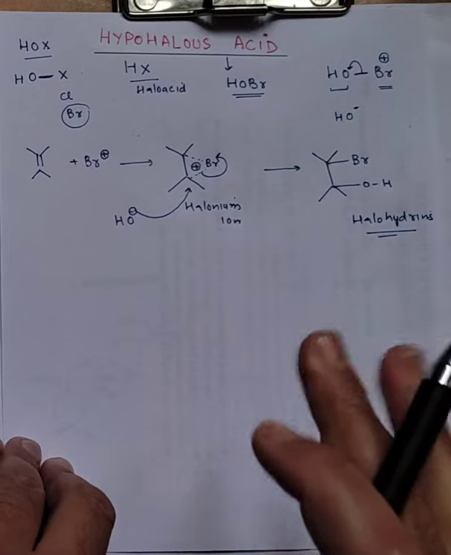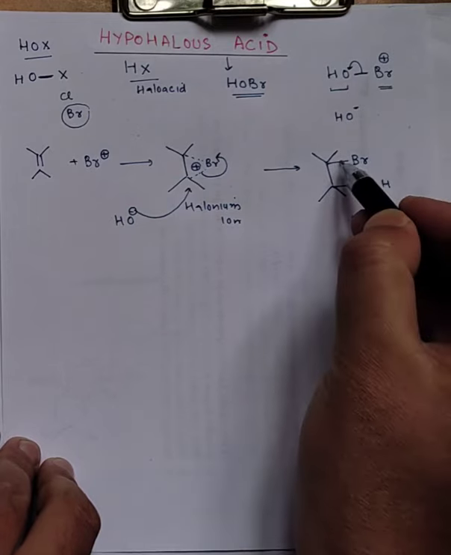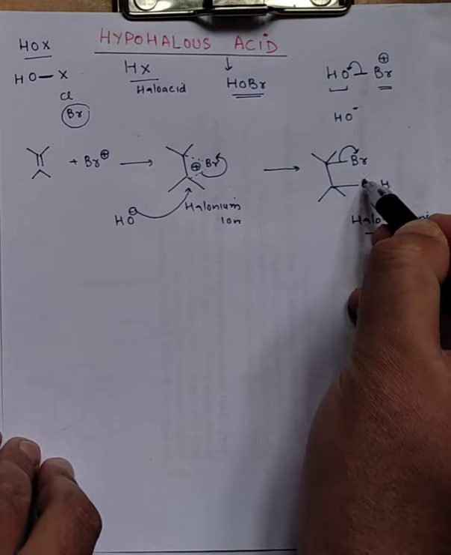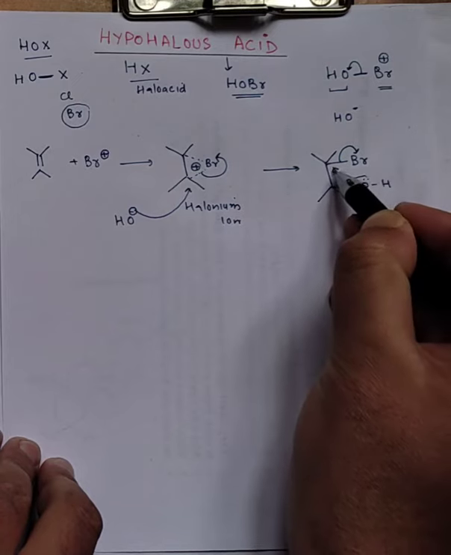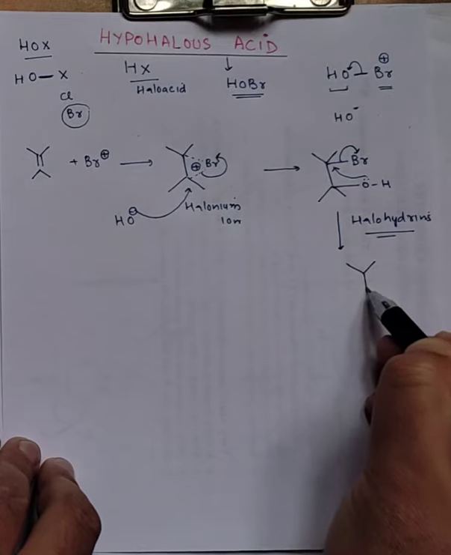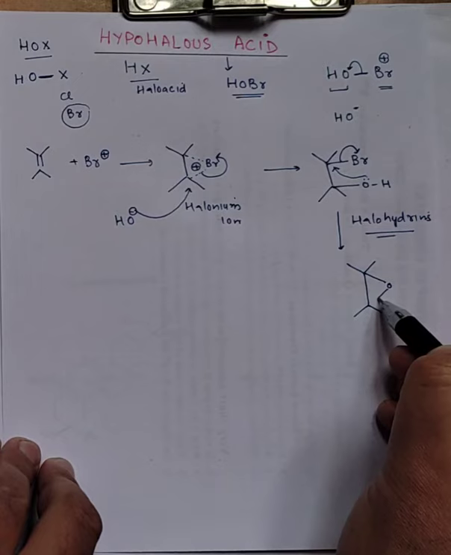But ये जो रिएक्शन है, it doesn't stop here. What happens? In this case, this bromine gets released as Br plus. So this oxygen attacks here, and ultimately the product formed is this one. You have an epoxide formed.